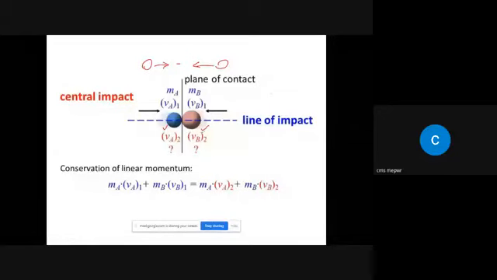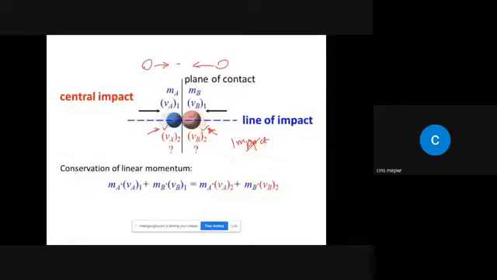In this system, we have particle A and particle B, both moving with their own momentum. There is no external force acting on these particles, meaning there is no impact from outside. So if there is no impact from the outside, this means we can apply conservation of linear momentum.